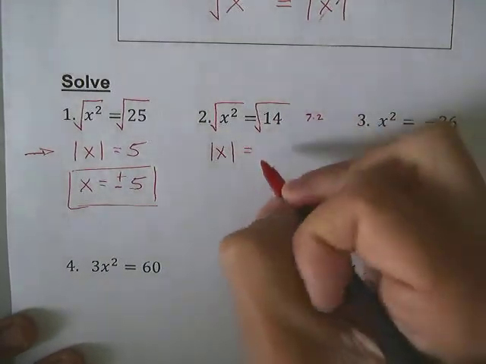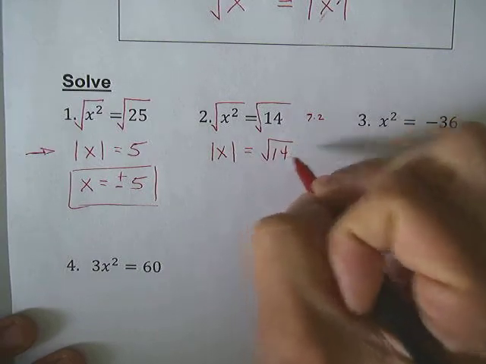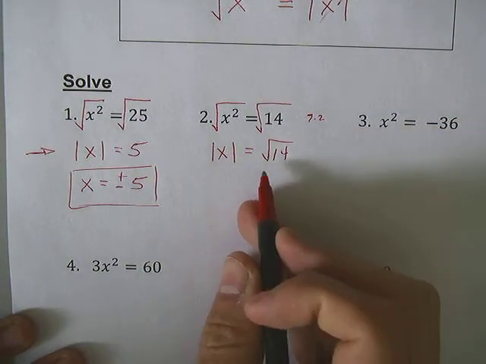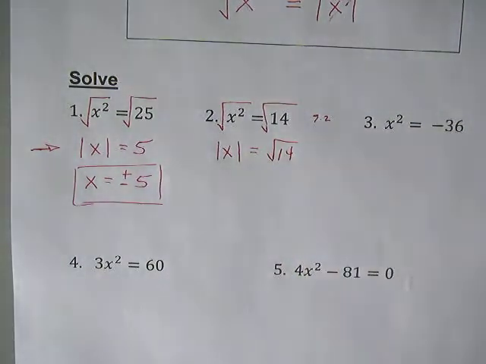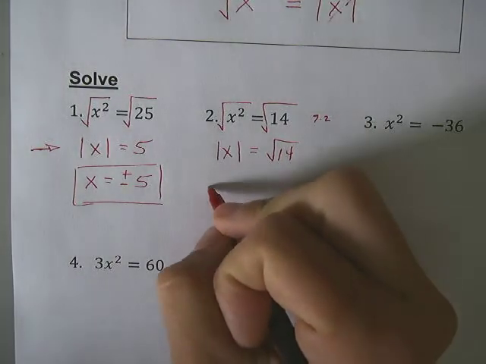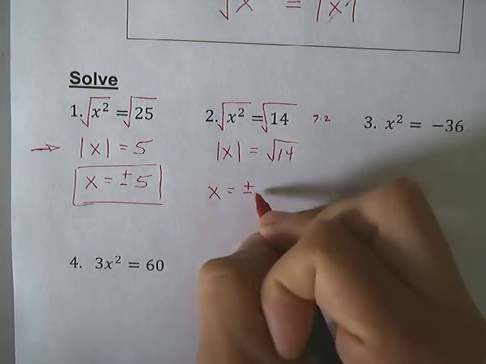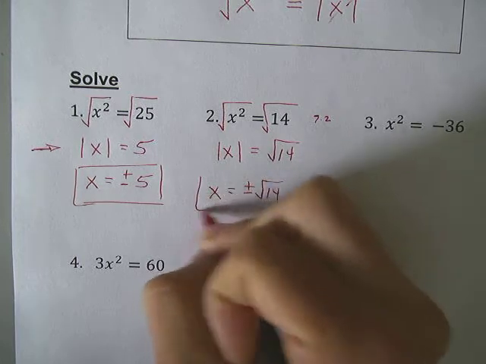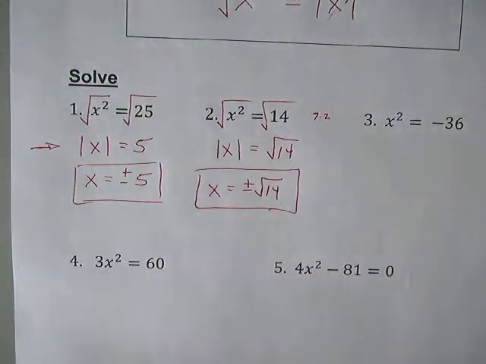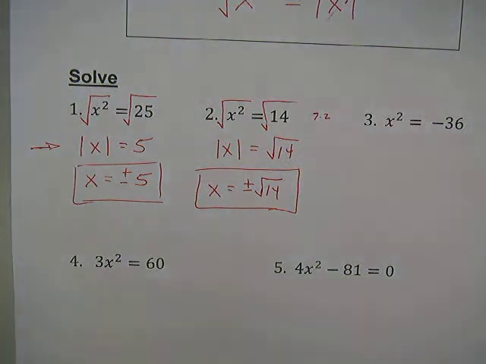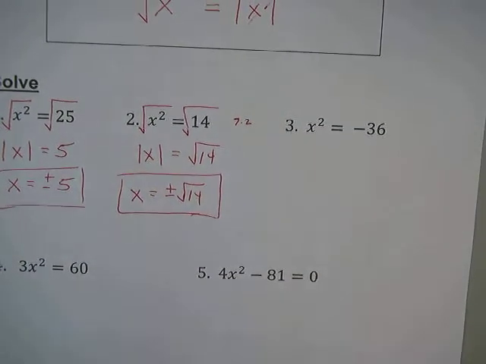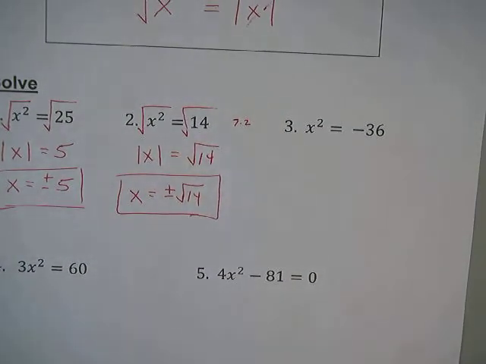But can you take the square root of 7 or 2? No, you cannot, so it'll just be the square root of 14. And the absolute value of x is equal to the square root of 14. Well, that's just simply equal to x is equal to plus or minus root 14. There we go. Not terribly difficult so far.